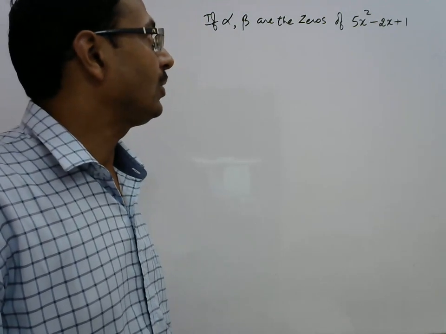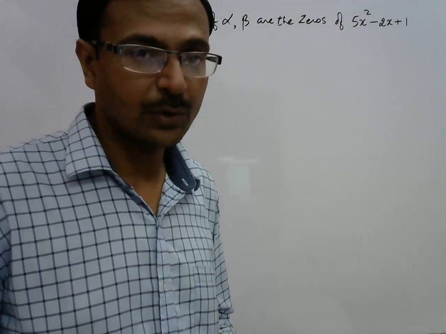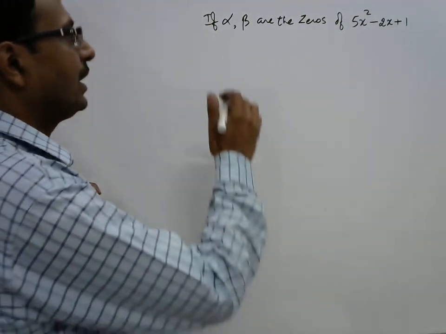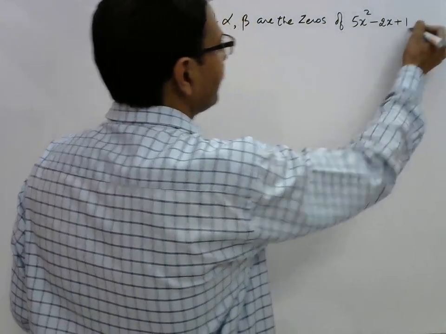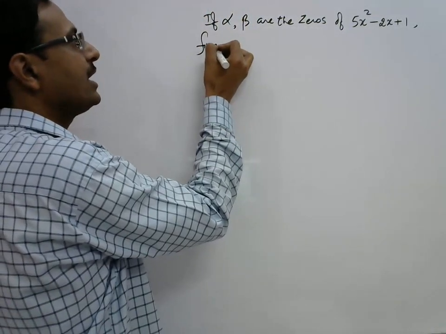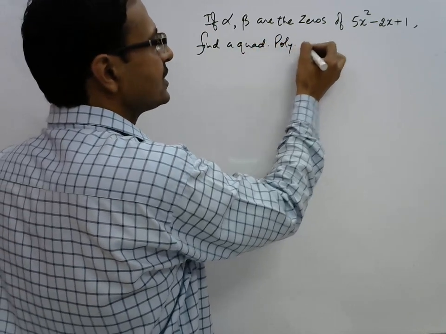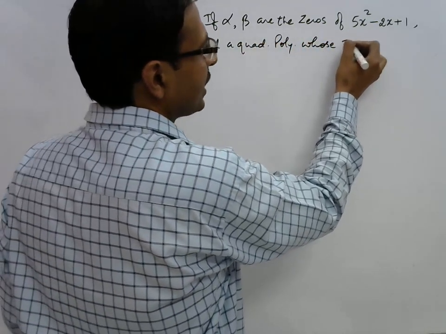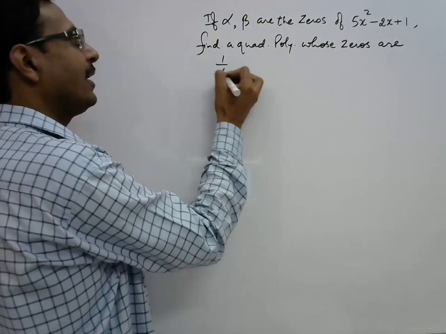So now alpha plus beta and alpha beta can be found out from this, but the statement is different now. If alpha and beta are the zeros of this, find a quadratic polynomial whose zeros are 1 upon alpha and 1 upon beta.